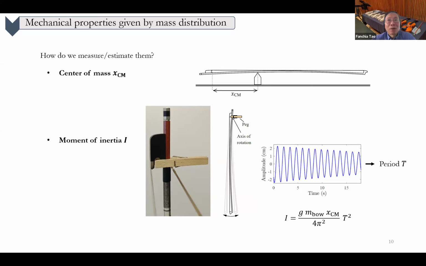Okay, so all right. A related question was: is the moment of inertia measured with the bow loose or at playing tension? And Claudia said it should not matter as it doesn't change the weight. Absolutely.